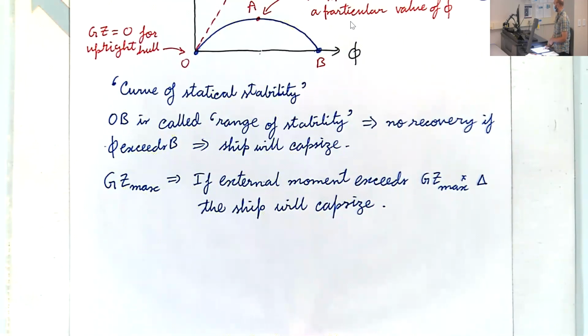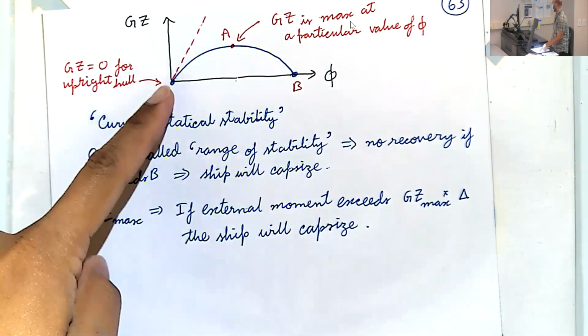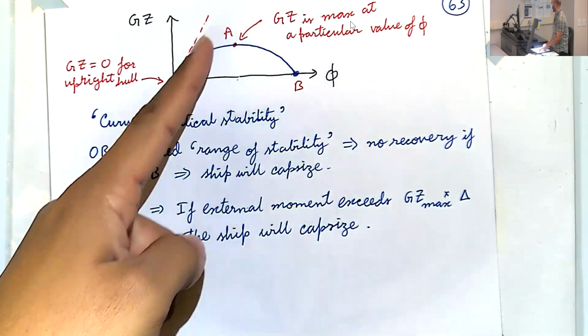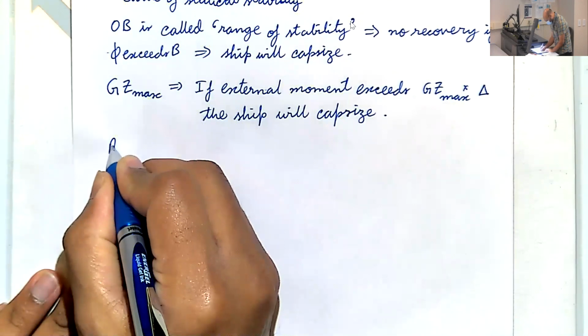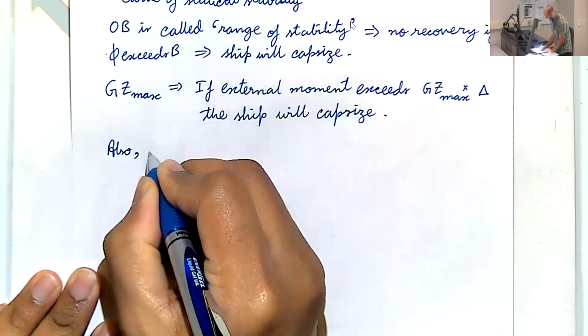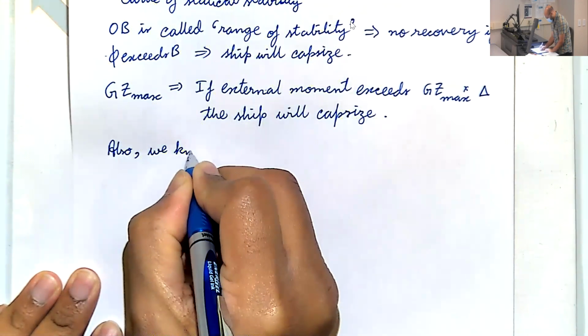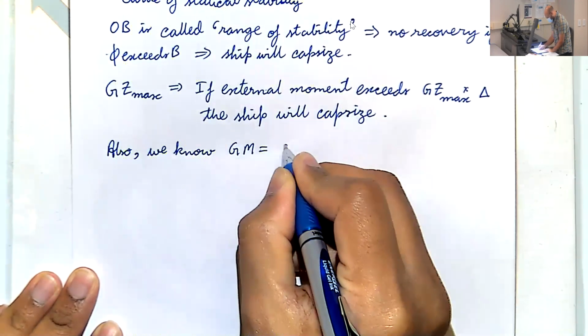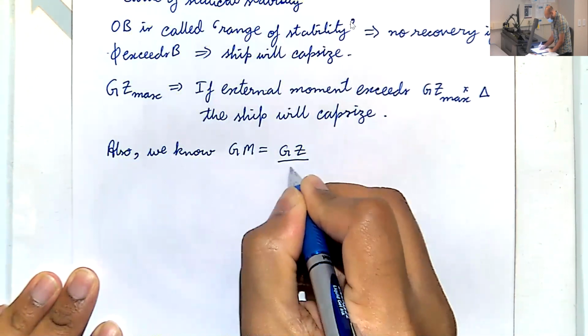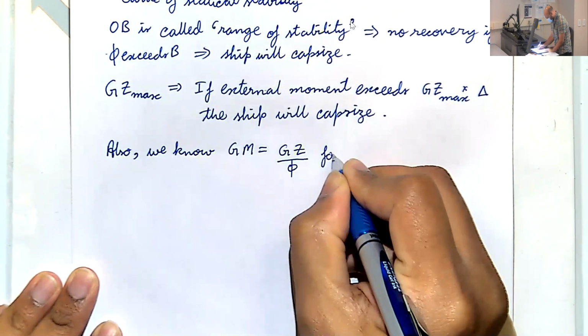All right, the reason I drew this dashed line is also that we know GM is GZ over phi for small angles.